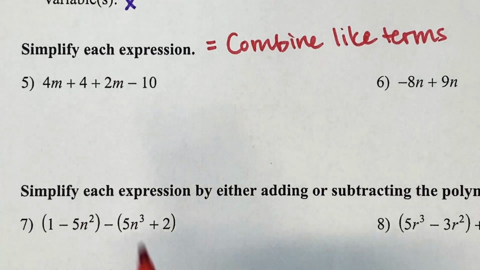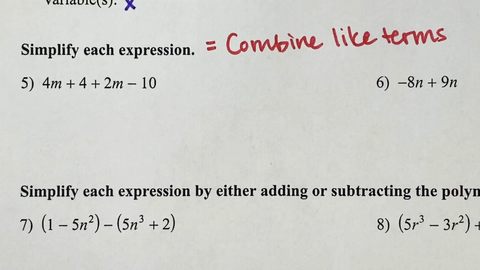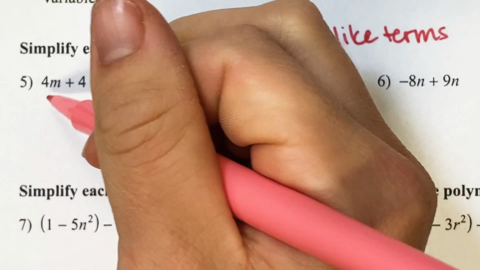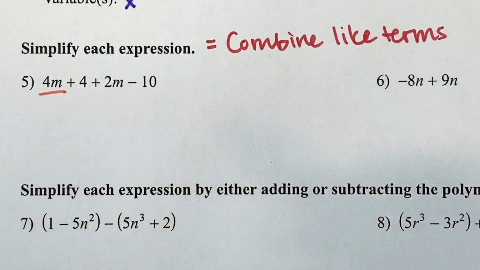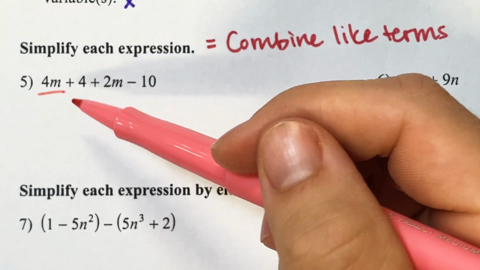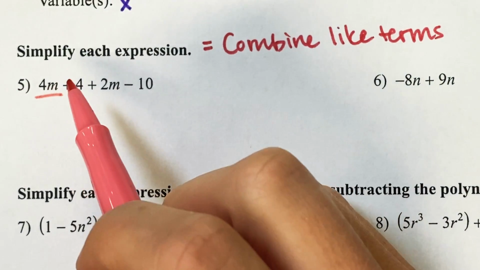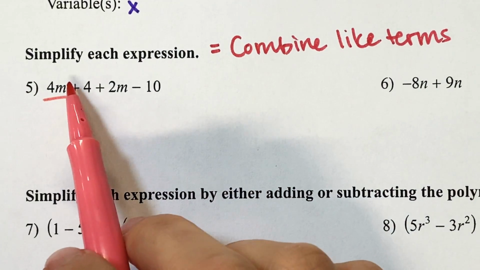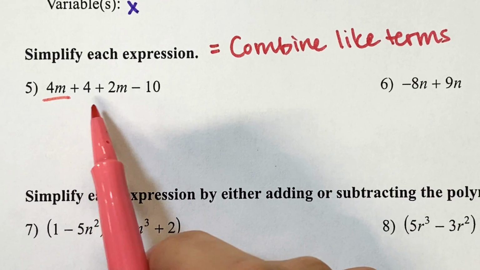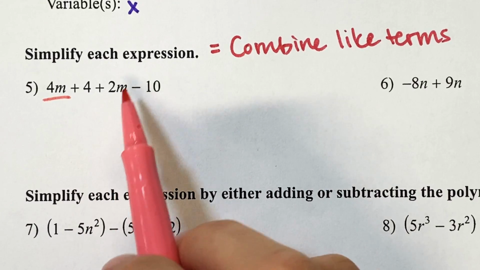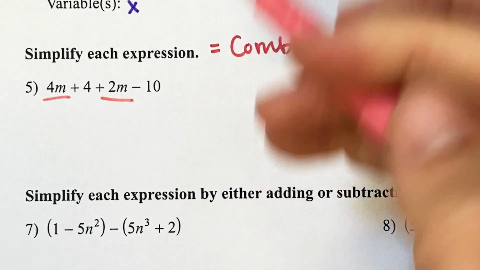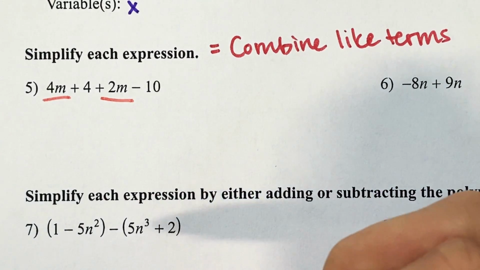Okay, so let's look at number 5. So my first term is this 4m. Okay, 4m to the first power. There's that invisible 1 right there. So I need to find terms with an m to the first power. 4 doesn't have an m. 2m to the first power, yep, that's a like term. And then negative 10 doesn't have an m.